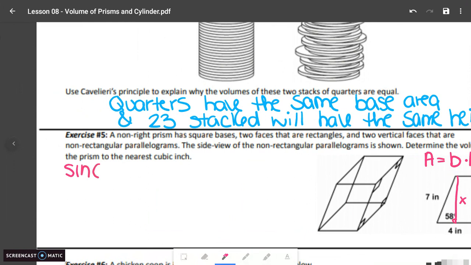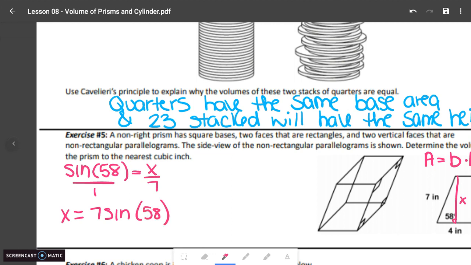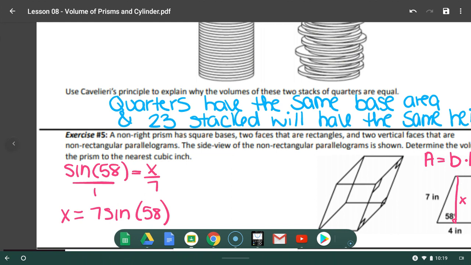So sine of 58 is equal to x over 7. So right now, the height is equal to 7 times sine of 58. So that's my height. So as the side view, I've just calculated the height, right?